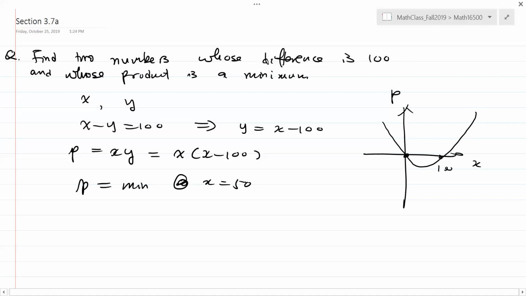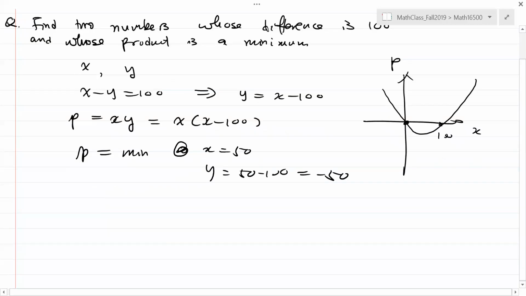Then y is going to be 50 minus 100, which is negative 50. So the product is a negative number, negative 2,500.